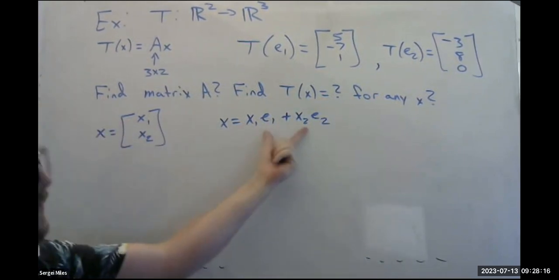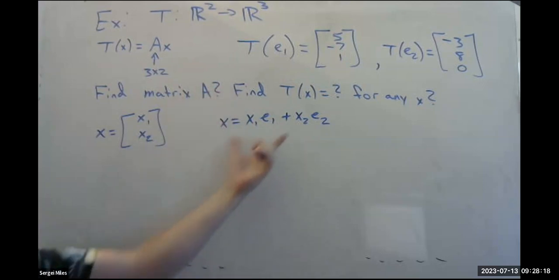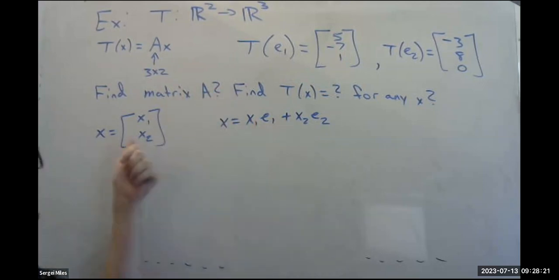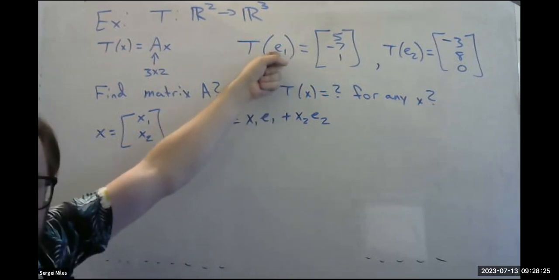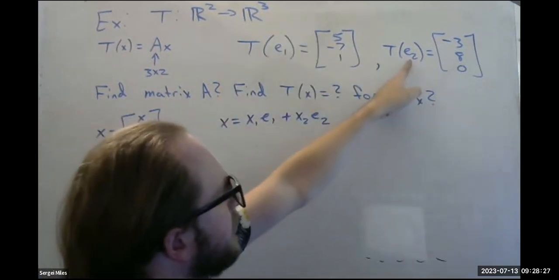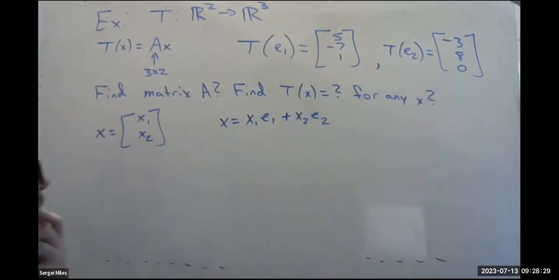Just like we said in the past thing before I erased it. Every vector in R2 is a linear combination of the first column of the identity matrix and the second column of the identity matrix, E1 and E2. So how can I use this? I would like to figure out what is T of X for any arbitrary X.